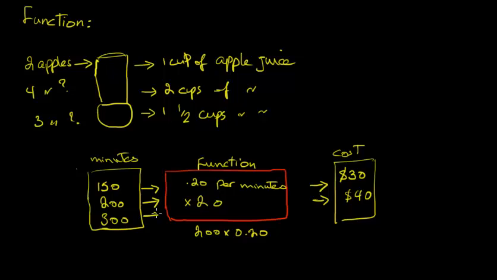Then again, you put it in the function and times it with the 20 cents per minute. You get a bill of $60 as the cost of your phone. So as you can see, for every input there is only one output. That is why a function is always single valued, meaning that to each value of x there is a unique value of y.